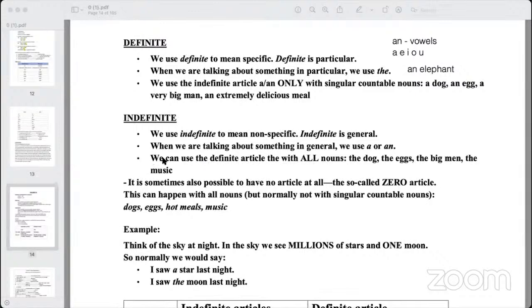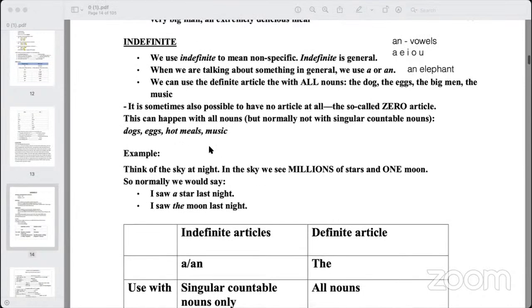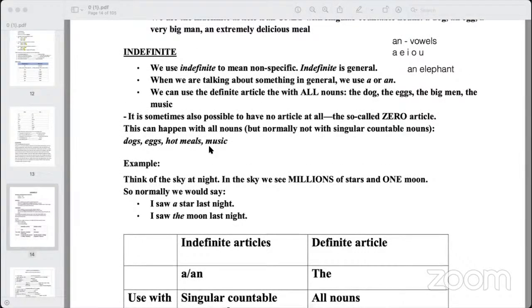Okay, so we're going to look at some examples, and there's also one more thing. It is sometimes also possible to have no articles. What they mean by no articles is that there are no definite or indefinite articles. This could be because there are no countable nouns. So dogs, more than one.